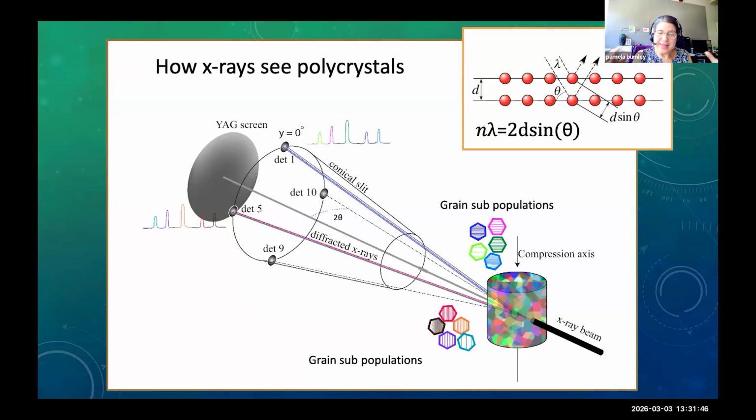So the crystal has a very diverse population, and each peak is only giving us a little choir of some subset of the crystals in the material. And so each little subset is going to tell you a slightly different story. So that's important to remember as we go forward.